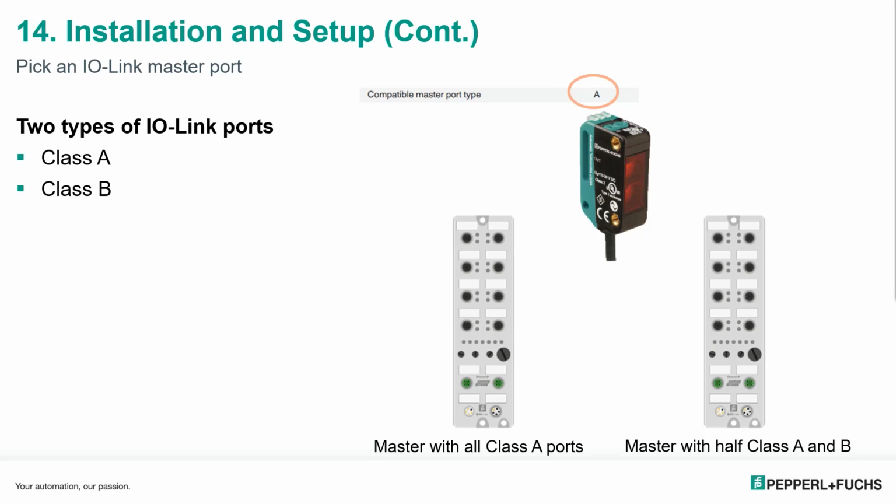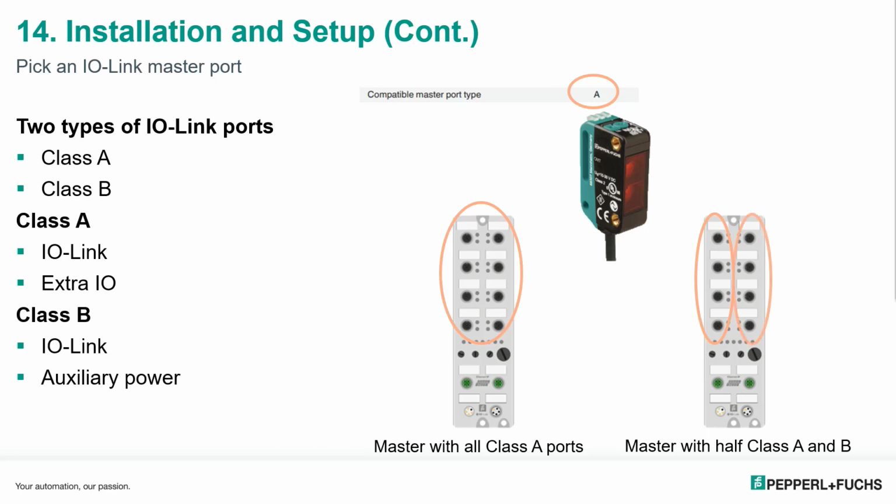But let's take a look at these IO-Link masters. You can get them with all Class A's, and that means they have IO-Link on that standard pin 4 and an extra IO pin typically on pin 2, or you can get them kind of half and half. Now, any manufacturer can do it differently, right?